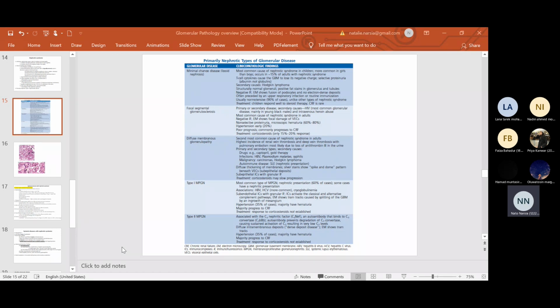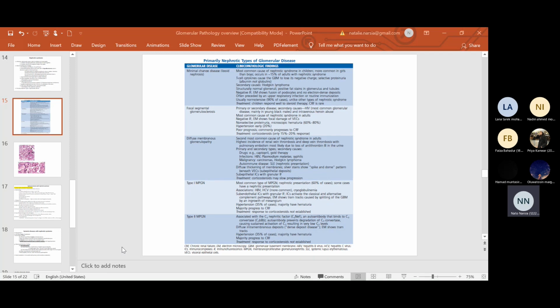Okay, I will start with minimal change disease. Here comes, guys, child is important here. And you remember, in children, we find nephrotic and nephritic. If it is nephritic in children, most commonly it will be post-streptococcal glomerulonephritis, and if it is nephrotic, it will be minimal change disease.